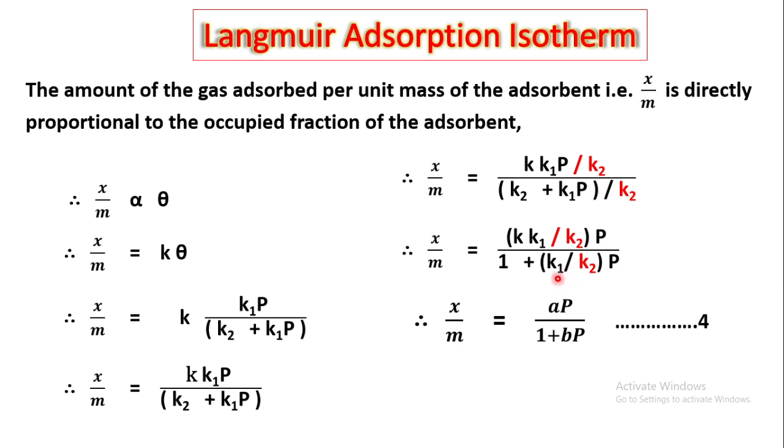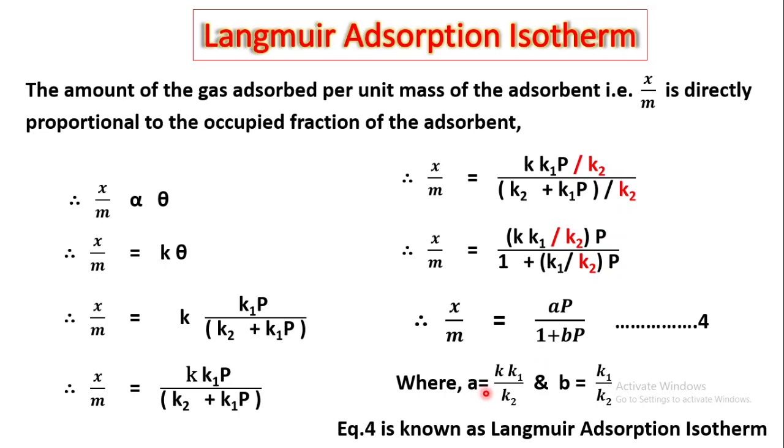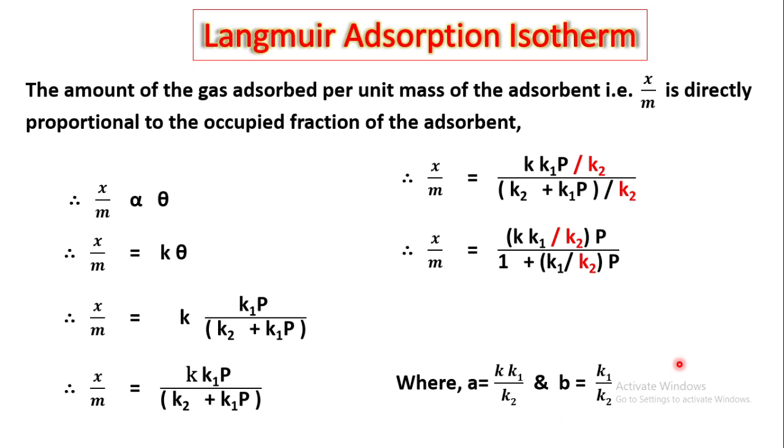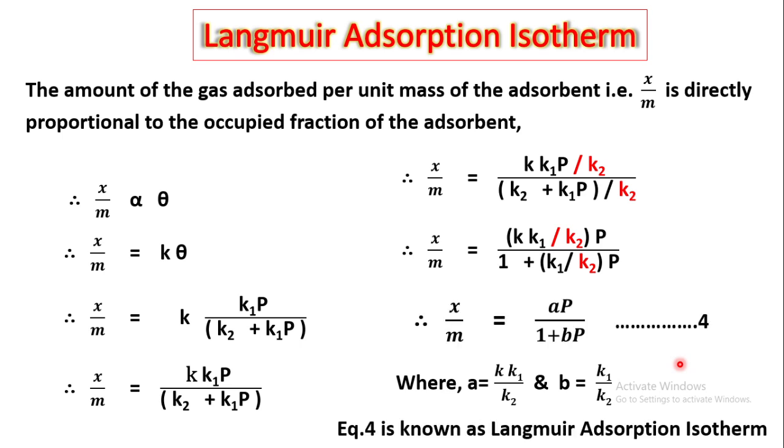So we will replace these terms by A and B. Therefore, we get x upon m equal to AP upon 1 plus BP, where A is equal to k into k1 upon k2, and B is equal to k1 upon k2. So this equation 4 is known as the Langmuir adsorption isotherm.